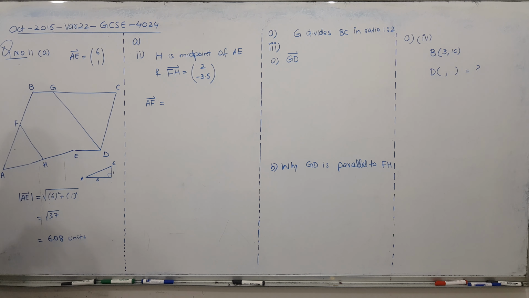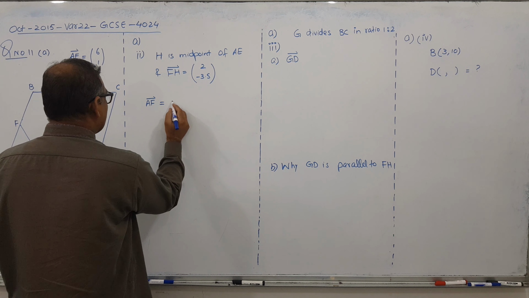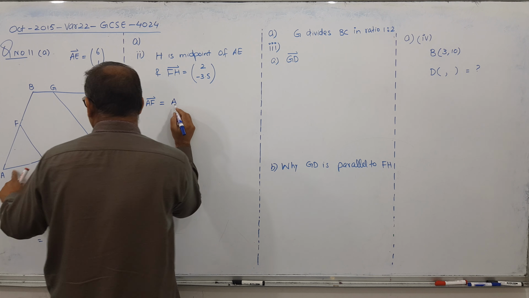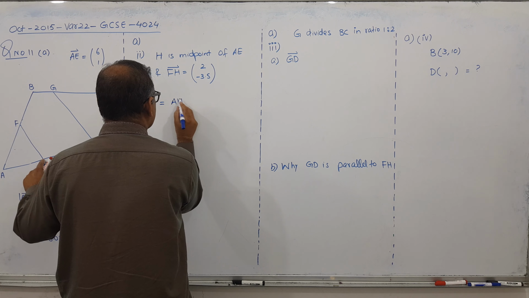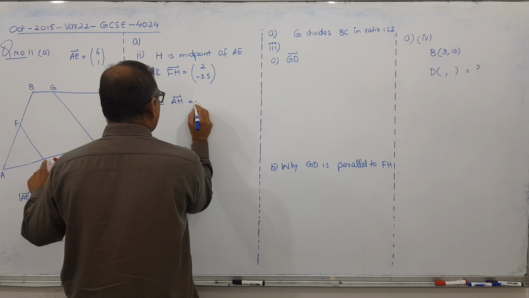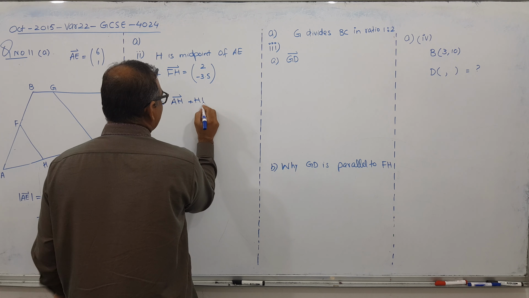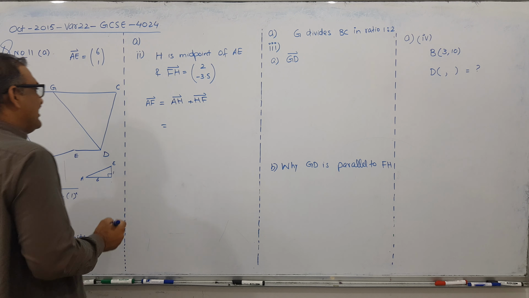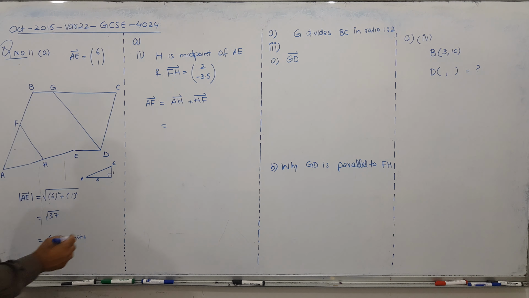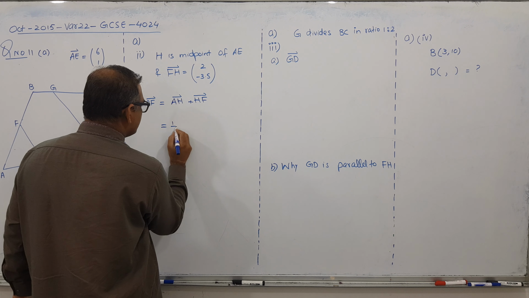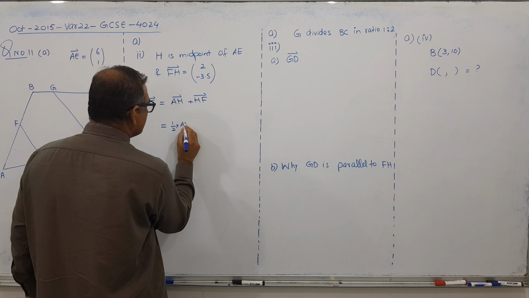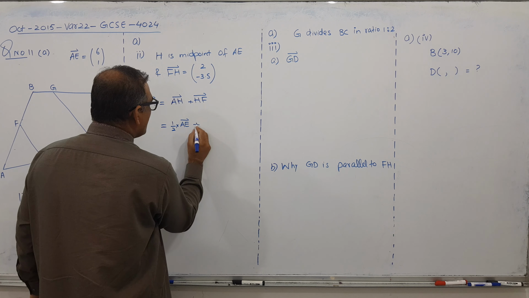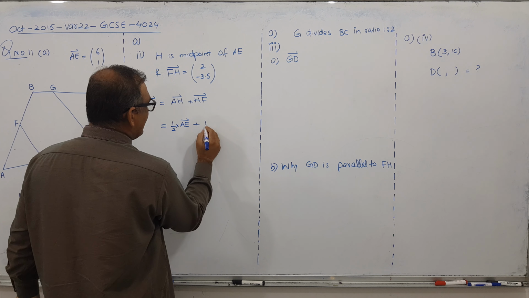So, head to tail rule. I can say that starting from A, ending at H, then starting from H, ending at F. So this is our path, and AH is a half of AE, and HF we have already.